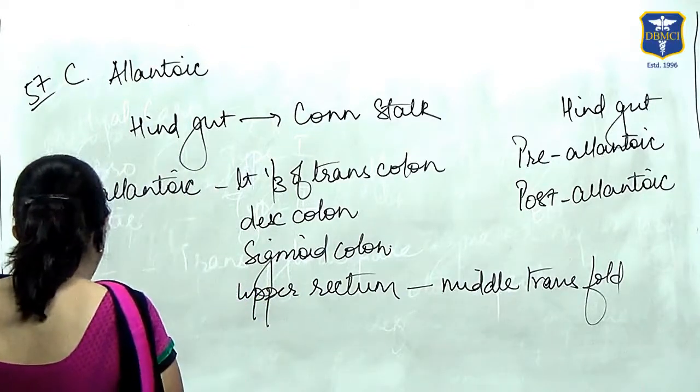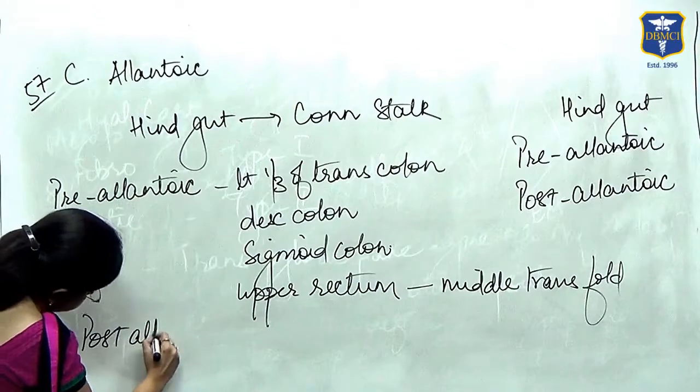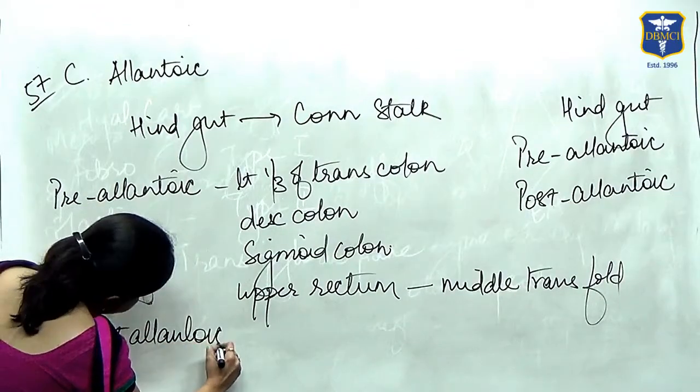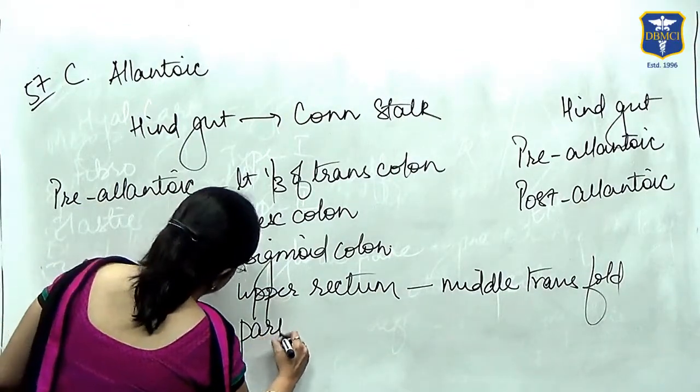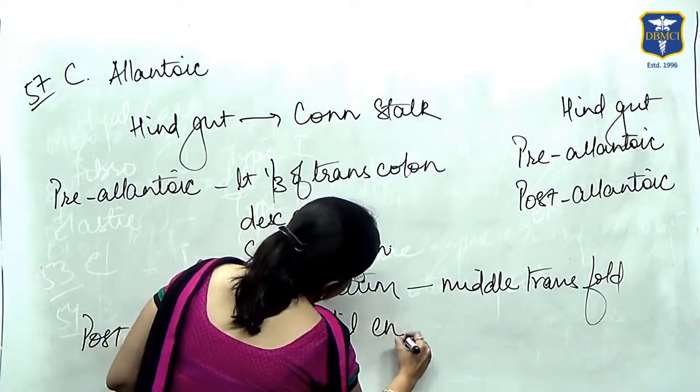The post-allantoic part is the dilated endodermal cloaca.